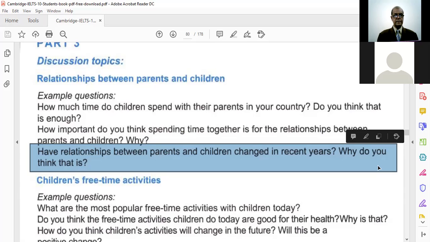The parents have become more extreme towards their children, and they don't give them freedom, they don't give them liberty, and they just pressurize them to get the maximum score in their exam. They put them in a pressure cooker system, and they don't realize their feelings.